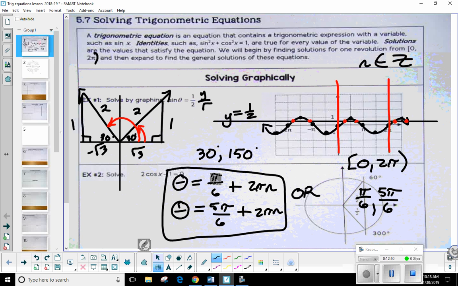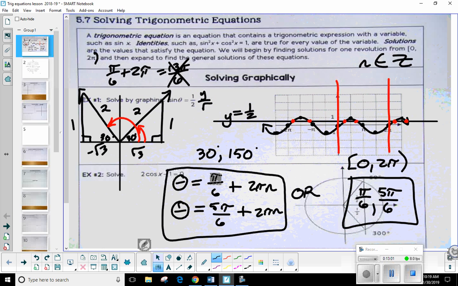So I need pi over 6 plus 2 pi. Okay. I mean, would that be larger than 2 pi? Definitely. In fact, can anybody tell me what it's going to be? It would be 13 pi over 6. Okay. So that one does not belong to the interval I want. So there's only 2 solutions in the one interval. And doesn't that kind of make sense?